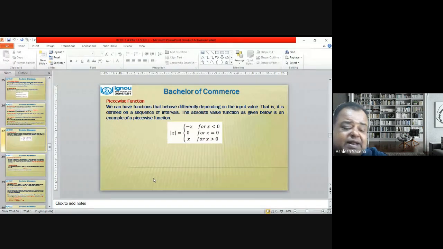It is minus x if x is less than 0, it is 0 if x is equal to 0, and it is x if x is greater than 0. That means a basic function has been divided into three functions.